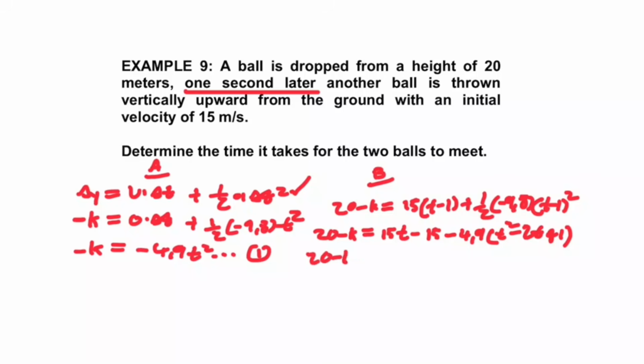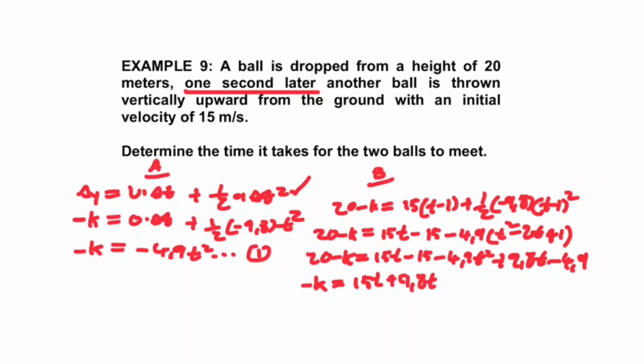So 20 minus k is equal to 15t minus 15 minus 4.9 t squared plus 9.8 t minus 4.9. So minus k will be equal to 15t plus 9.8t minus 15 minus 4.9 minus 20. We're taking this from the left hand side to the right hand side. And lastly, minus 4.9 t squared.